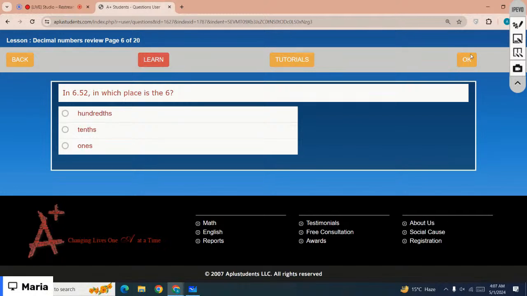In 6.52, in which place is the 6? So which is the correct option?